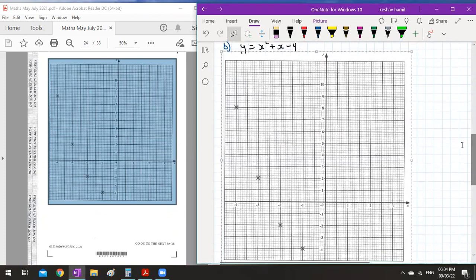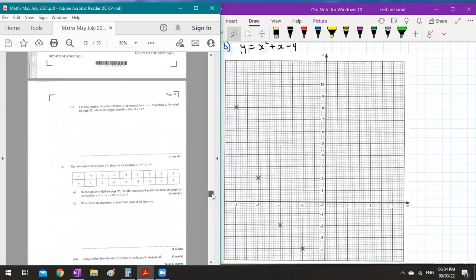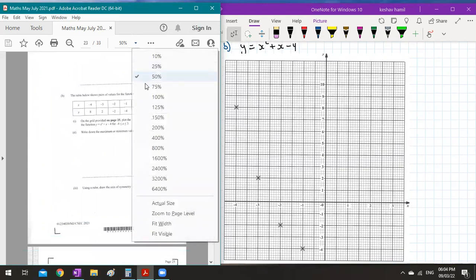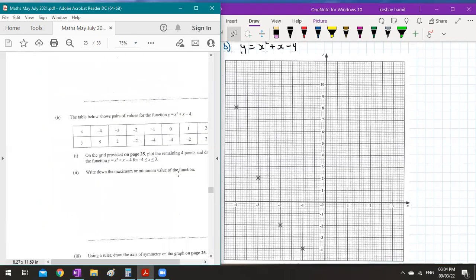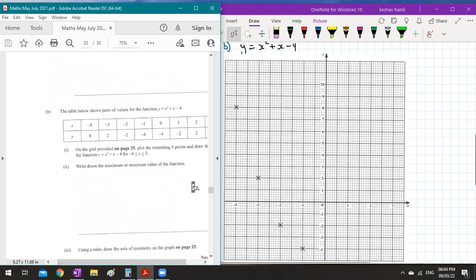Now the information you're going to plot is from the table. So they plot the first few points, 1, 2, 3, 4. They plot up to here. We need to plot the rest.